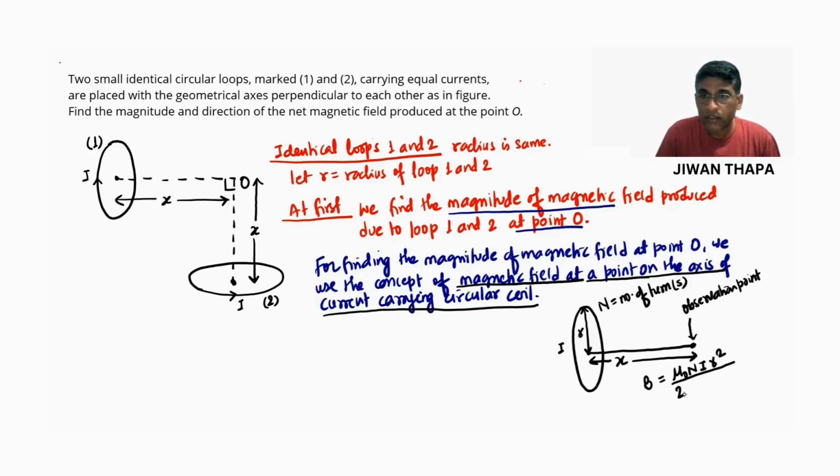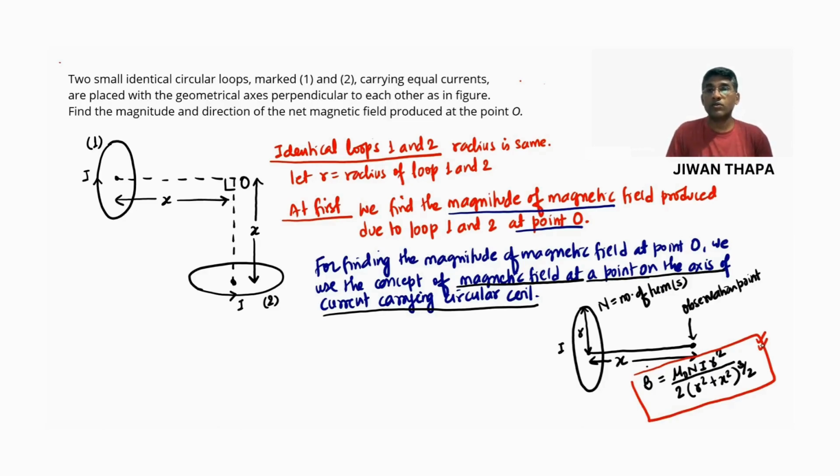So we use this expression, or this concept, in order to find the magnitude of magnetic field due to loop 1 and 2 at point O.